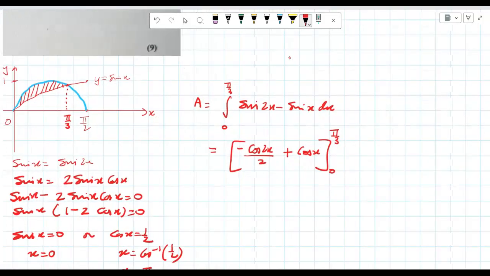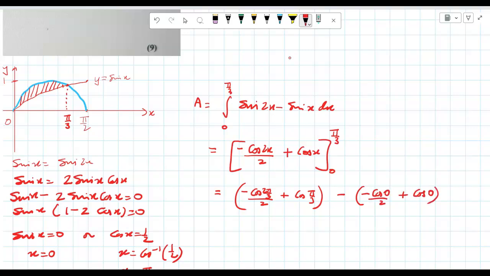Now minus cos 2 pi by 3 divided by 2 plus cos pi by 3, minus, minus cos 0 upon 2 plus cos 0.